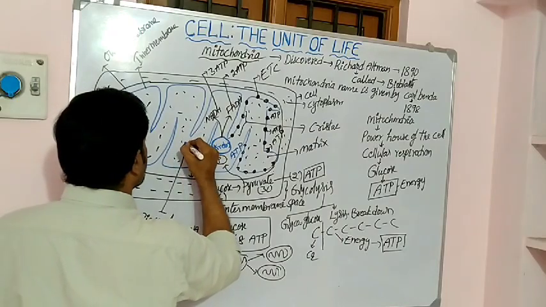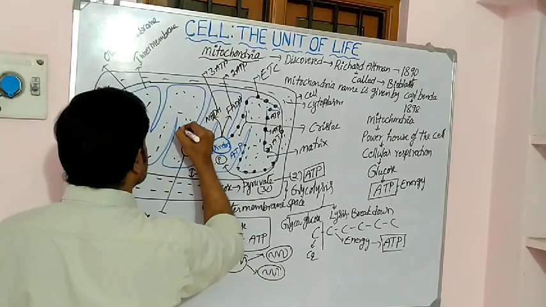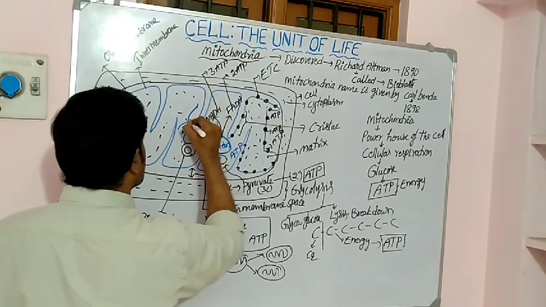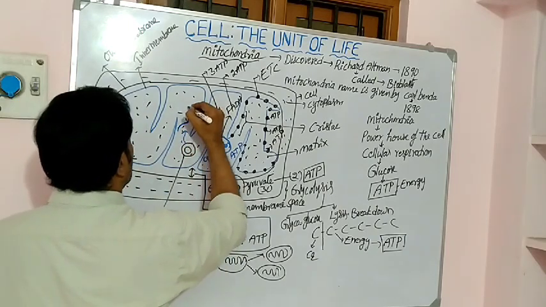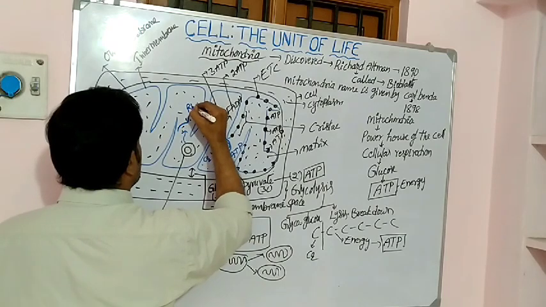Okay, coming to the point, this circular DNA, already you know, some portion of the circular DNA is modified into RNA here. Suppose this is one RNA, a piece of DNA modified into RNA.